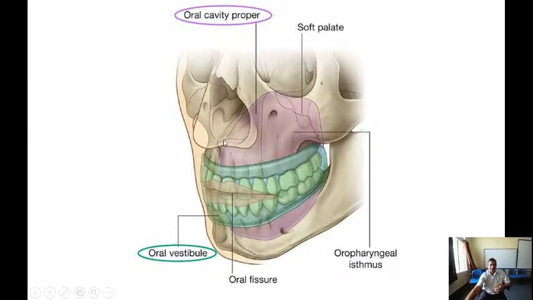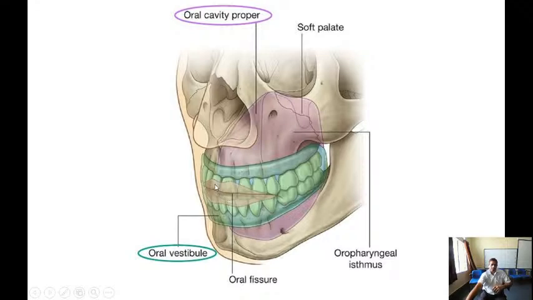These are the teeth, which contain the teeth, the maxillary and the mandibular. So when the teeth are approximated, the space between the cheeks and the bones, the maxilla along with their alveolar margin containing the teeth, and similarly the mandible with their alveolar margin with the teeth, the space in between is called the vestibule.